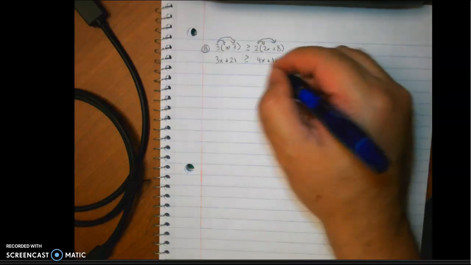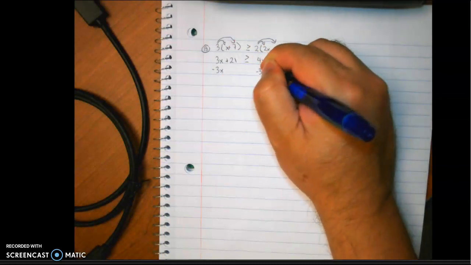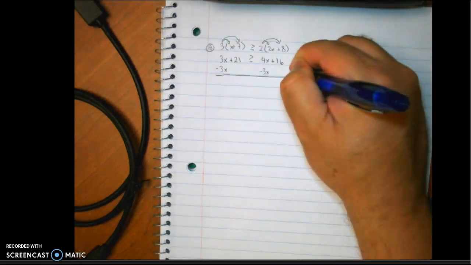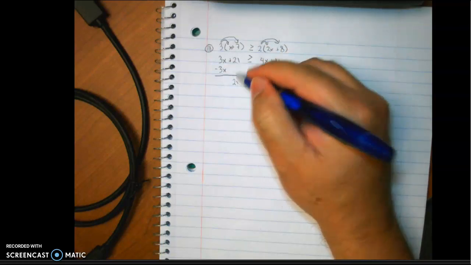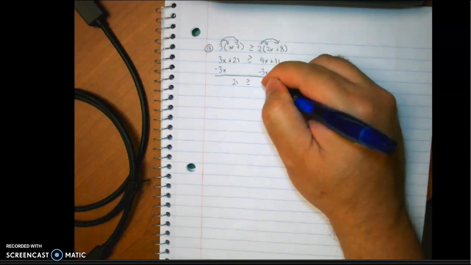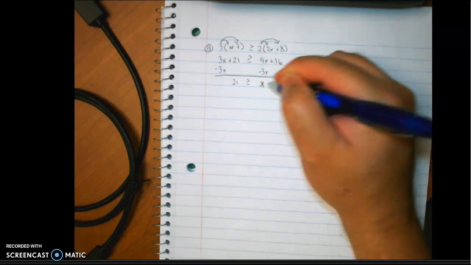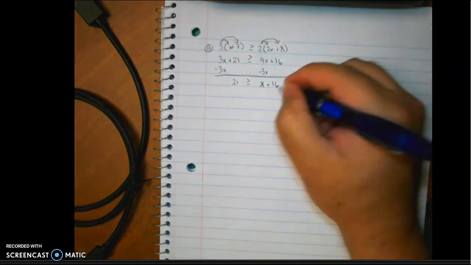I'm going to move my x first, so I'm going to move a positive 3x by subtracting 3x. So 3x minus 3x is 0, and I have a 21 is greater than or equal to 4x minus 3x is 1x plus 16.